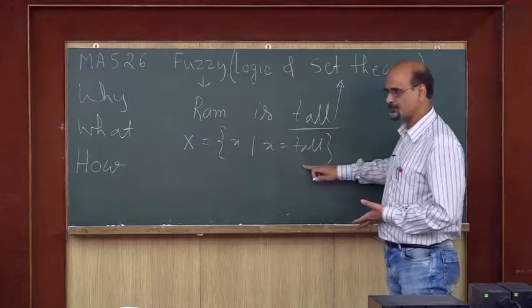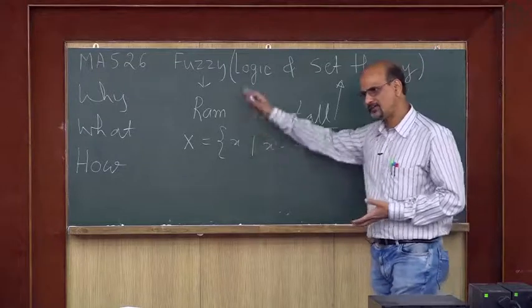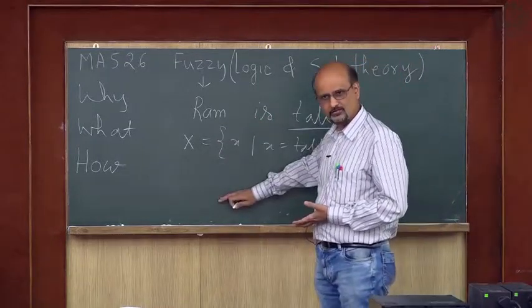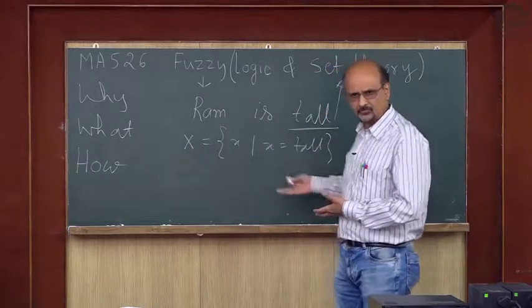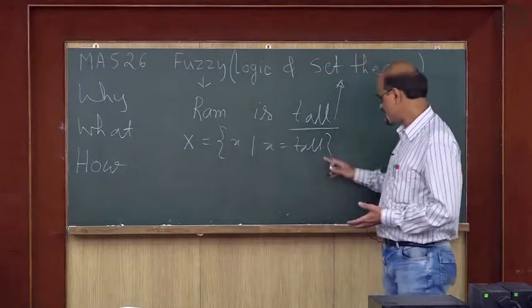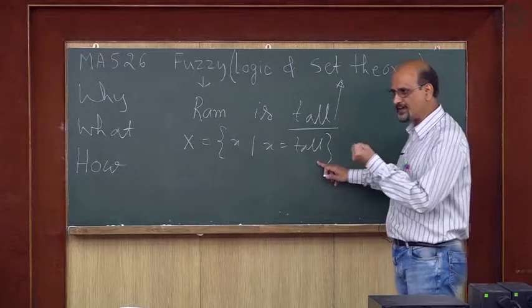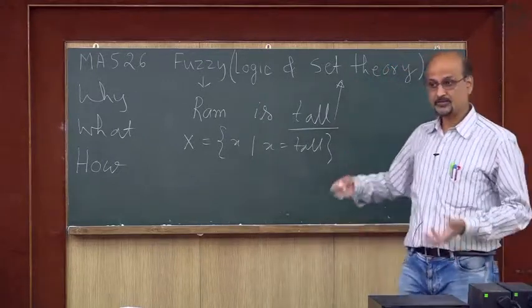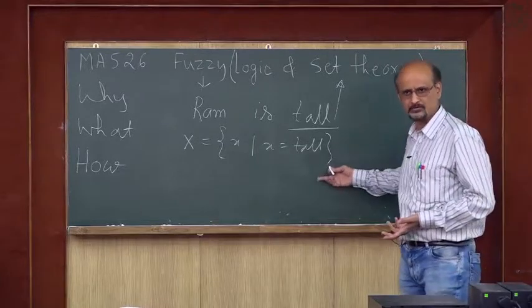If I define here 5 feet, then you have all the men or women as tall. Now somebody can define 6 feet. So you are seeing that if you define it exactly, till now it was okay, but in a practical sense it is not possible.